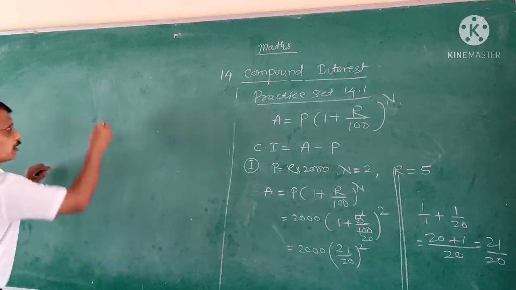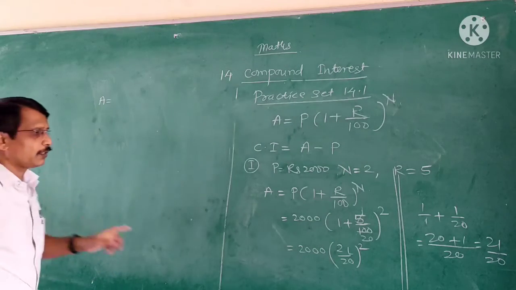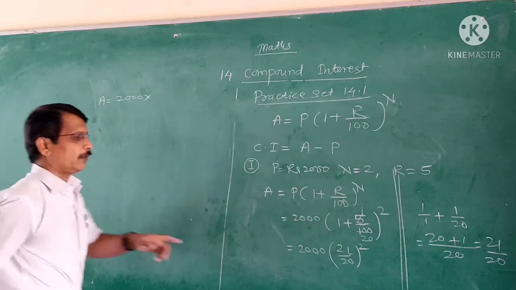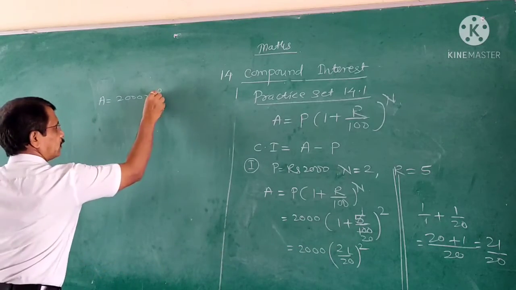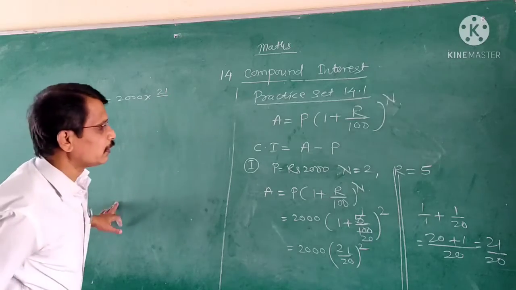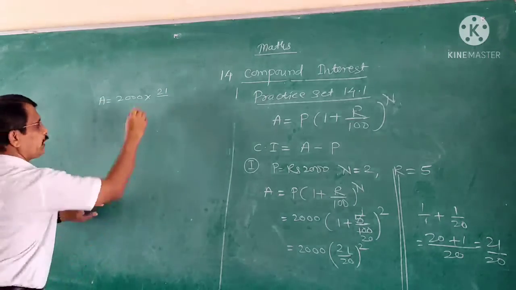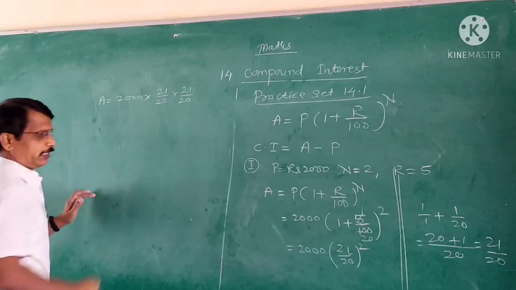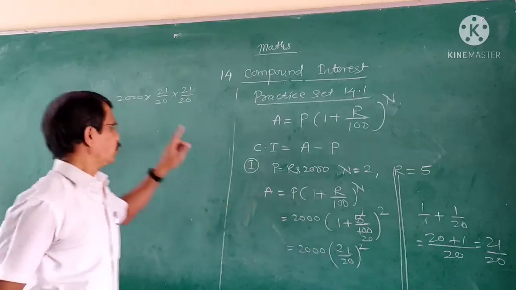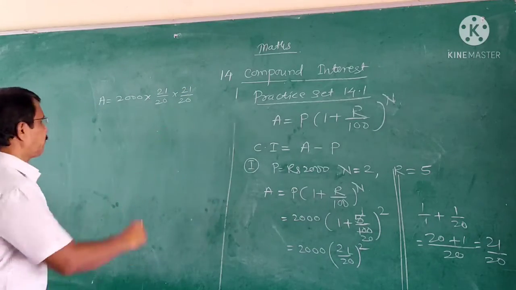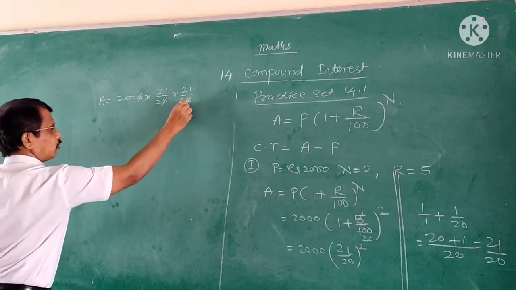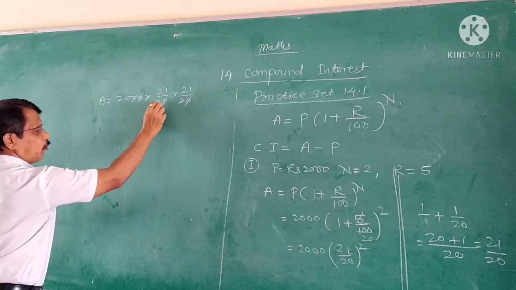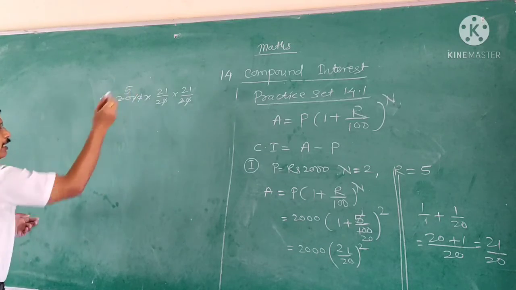Next step. A is equal to 2000 multiplied by 21 divided by 20 into 21 divided by 20. Here square means 2 times. Here 0 cancel, here 0 cancel. 2 into 2, 4. 4 5s are 20.